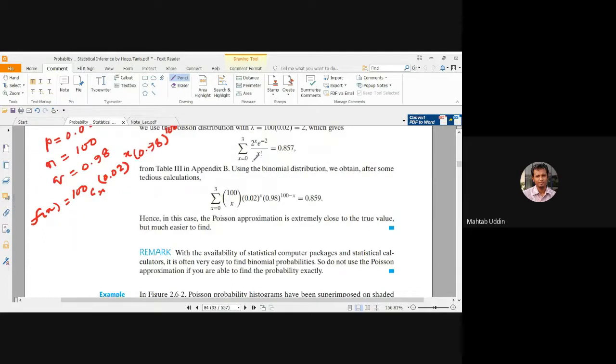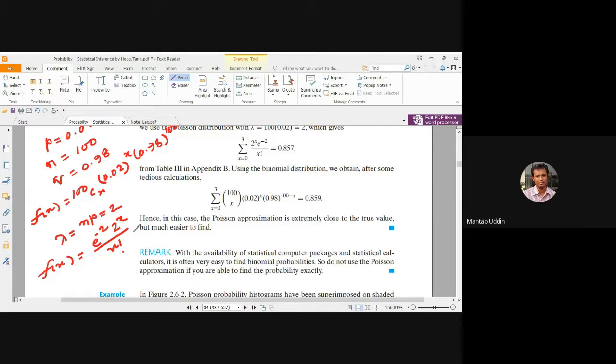For the Poisson distribution, lambda equal to np, so it will be 2. So you will get e to the power minus 2, 2 to the power x by x factorial. Okay, we get the PMF for both the binomial and Poisson distribution, as they have said.